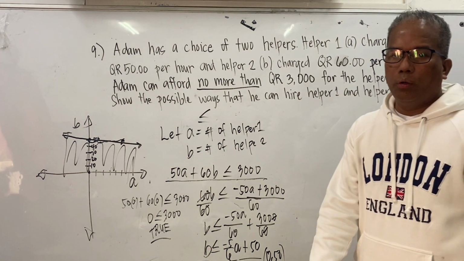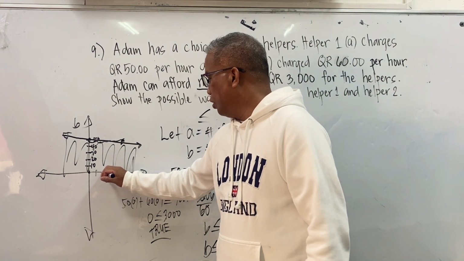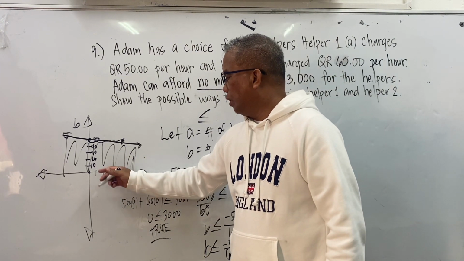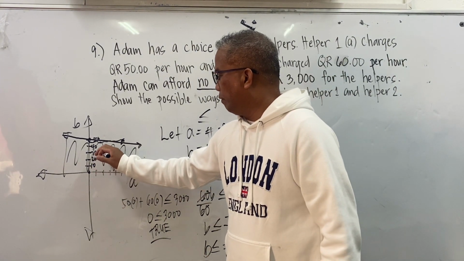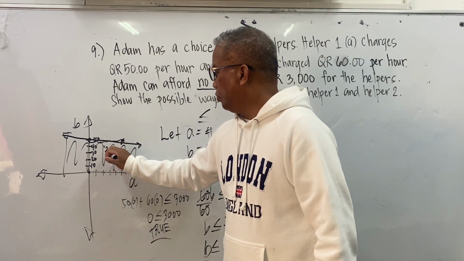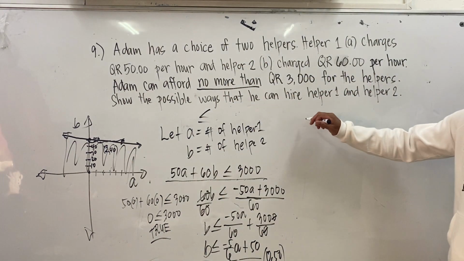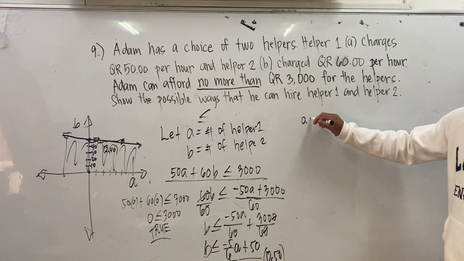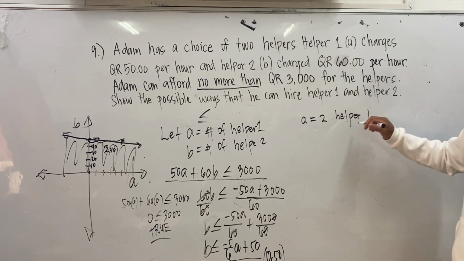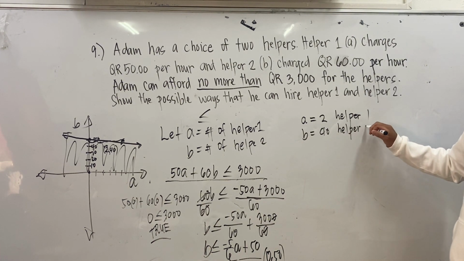Now let us use again, I will use 2, so meaning helper 1 will be 2, then helper 2 will be, let's use 40. Let's check if it is possible. We have A equals 2, so this is helper 1. Then B equals 40. This is for the number of helper 2.